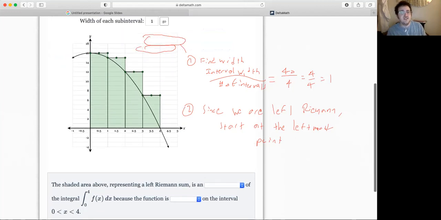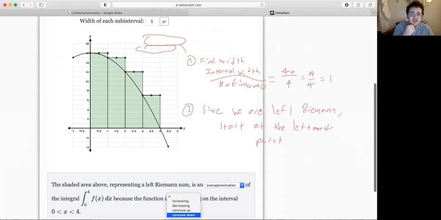Then it asks you some questions. It says the shaded area above representing a left Riemann sum is an over approximation of the integral because, well, it's asking why.